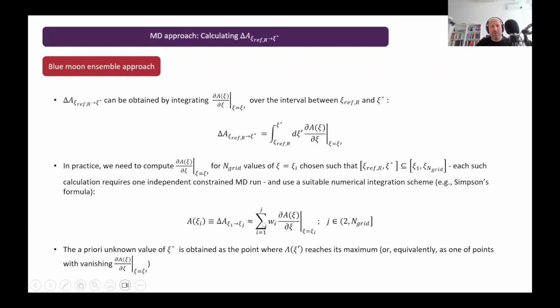The free energy, the reversible work, is a function of psi, and we determine the position of the transition state as the point on top of that profile, the maximum. Equivalently, we can also identify it from gradients. Stationary points should be the points where gradients vanish.